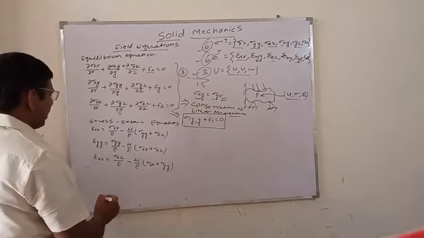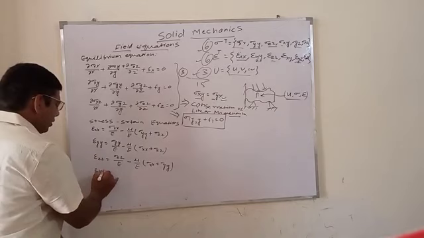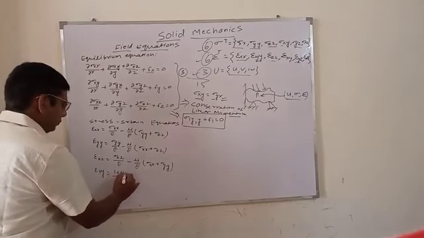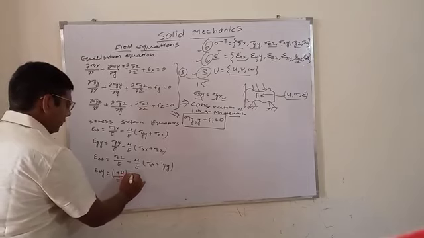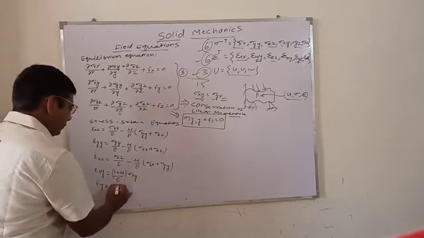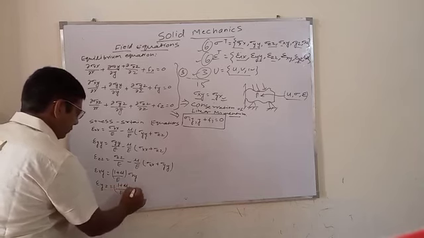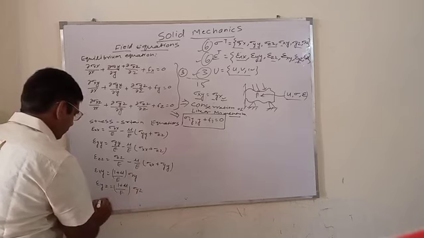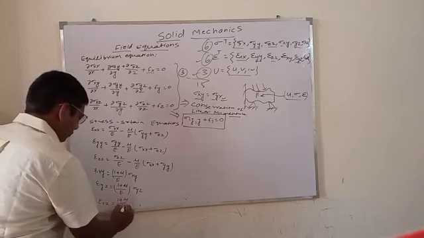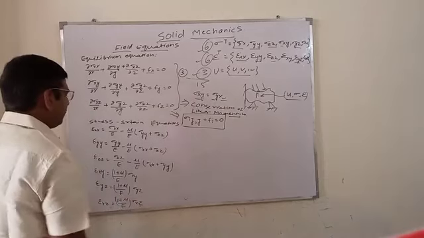These are the normal strains, and similarly we can find the shear part, which involves 1 plus mu, for xy.